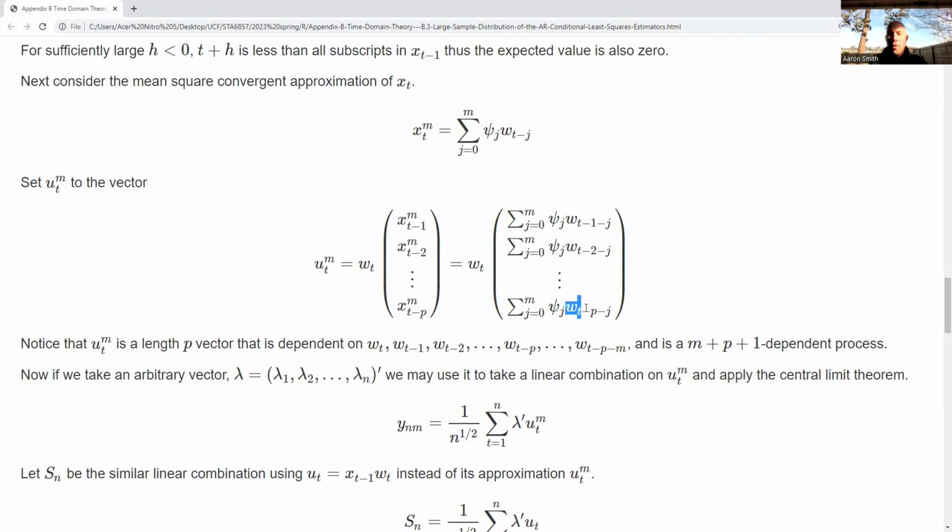If I go as far back as I can, this value is going to be in there. The first value I have here is with a t minus 1. All of these are going to appear inside this vector within the summations, and then I have w sub t right there. So this vector depends on m plus p plus 1 white noise values.